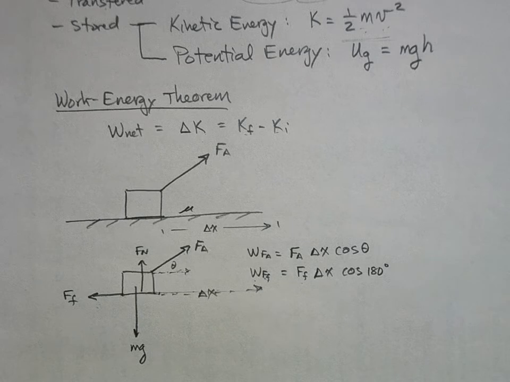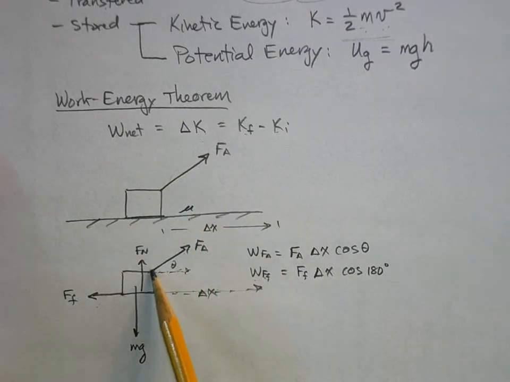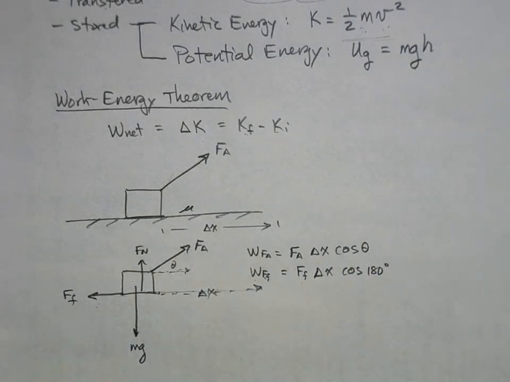Now, is that okay? Can something do negative work? Sure. See this applied force right here? Somebody's pulling on this crate. They're trying to make it go faster and faster. They're trying to add energy to the crate. So they're doing positive work. But what is friction doing?